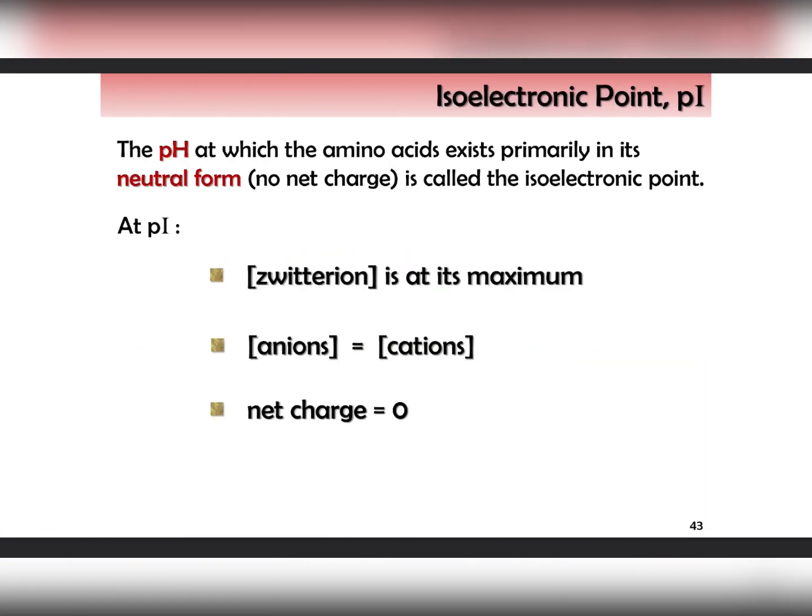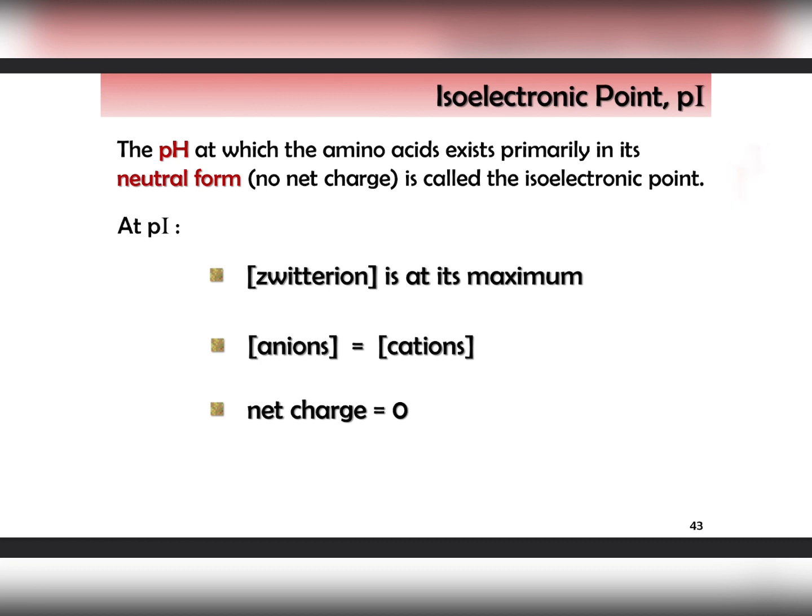Okay, the most famous question in past years is about the isoelectric point. PI is basically the pH at which the amino acid exists in its neutral form. That means no net charge, and that is called the isoelectric point, PI.